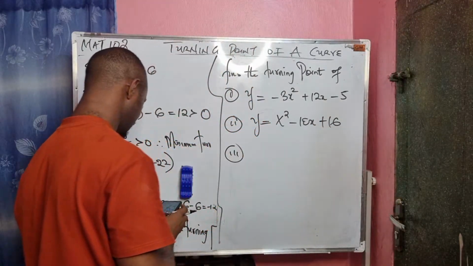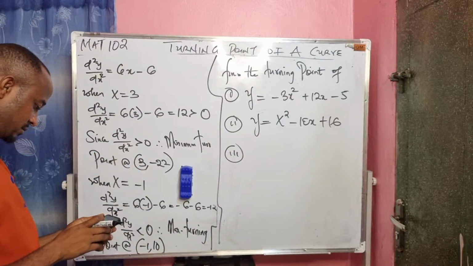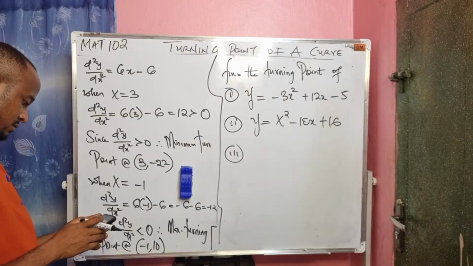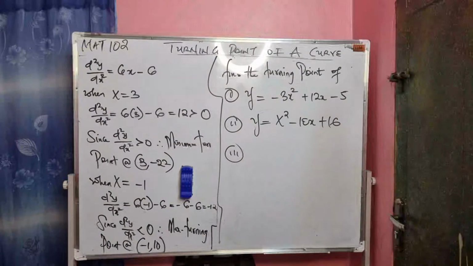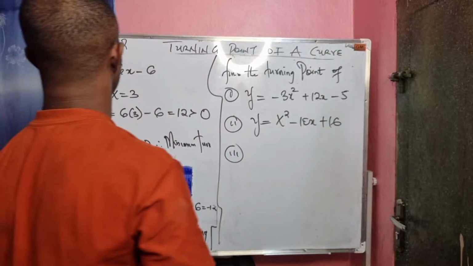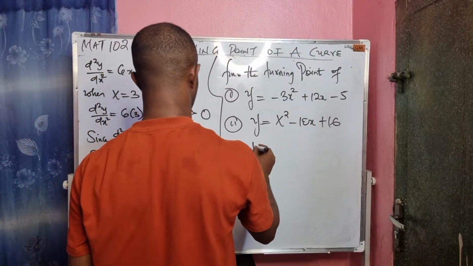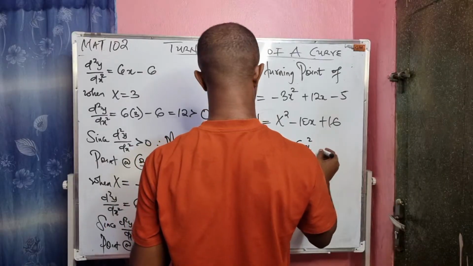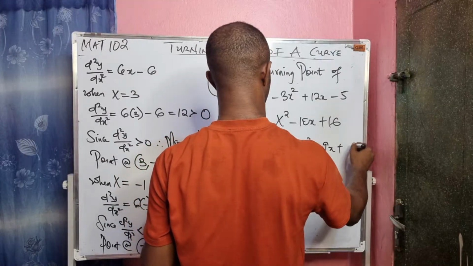Number 3: y equals x cubed minus 6x squared plus 9x plus 4.